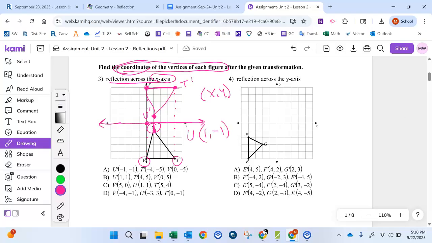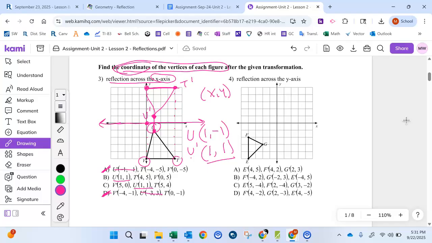There's U. U prime is right here, 1 over and 1 up, which would be like that. For U prime, we're looking for this one. B and C are both correct for U, but for U prime it's this one. So A and D are gone.